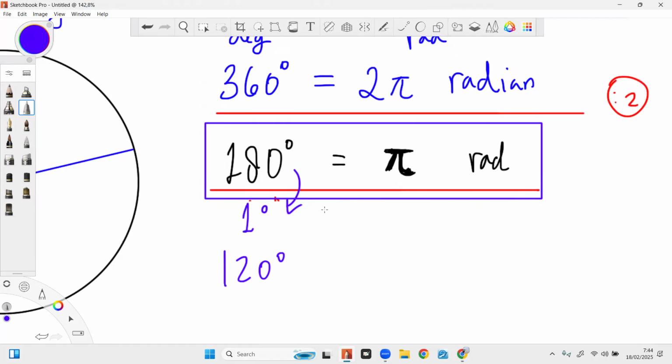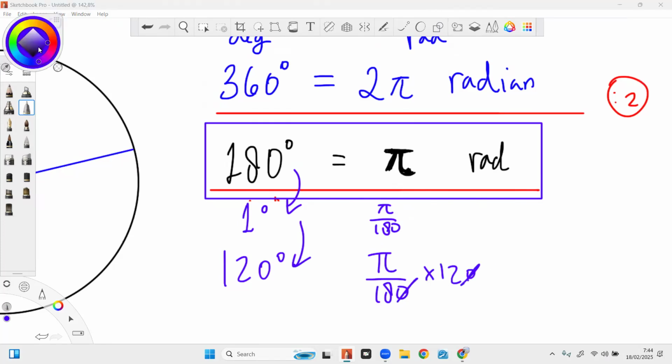So divide by 180, pi over 180, right? And then you multiply by 120, cross out. And then both divided by 6, right? 12 and 18 can be divided by 6, 2 and 3. So we get 120 degree is equal to 2 over 3 pi radian.